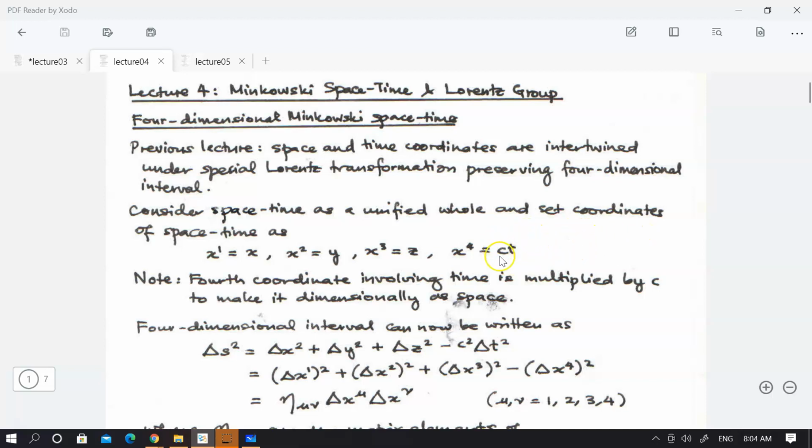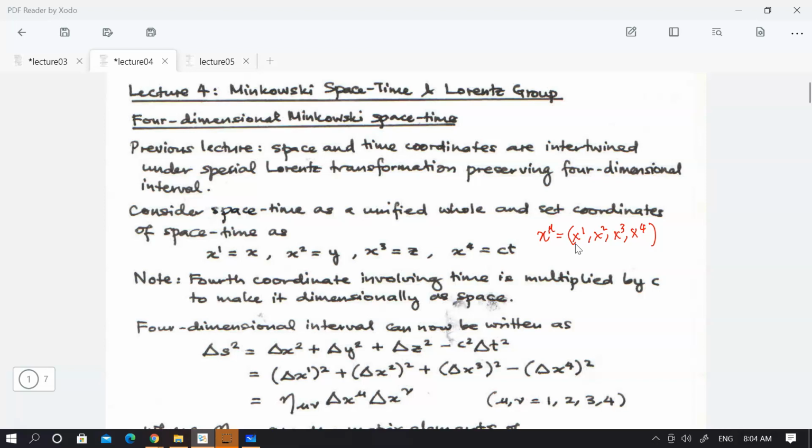If we want to make it dimensionally correct as a vector, so a vector is always having components which have the same dimension, I can write now x1, x2, x3, x4 as a vector, and the way I do it is by writing it with this Greek index x mu. In order for this to be consistent, I would really need your x4 to be the same dimension as x1 and x2 and x3.